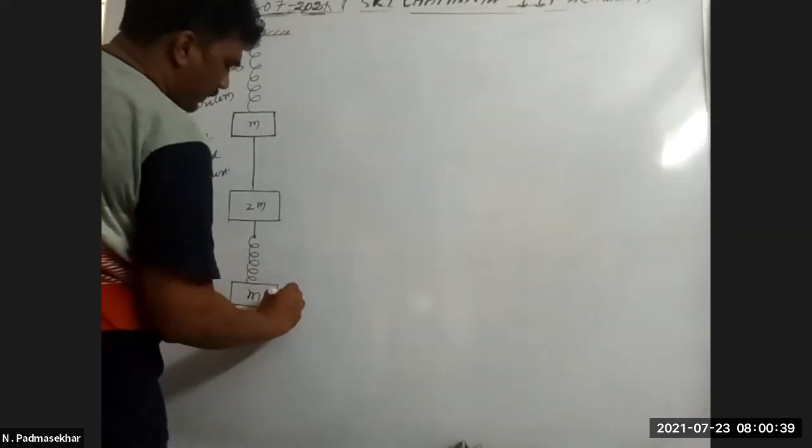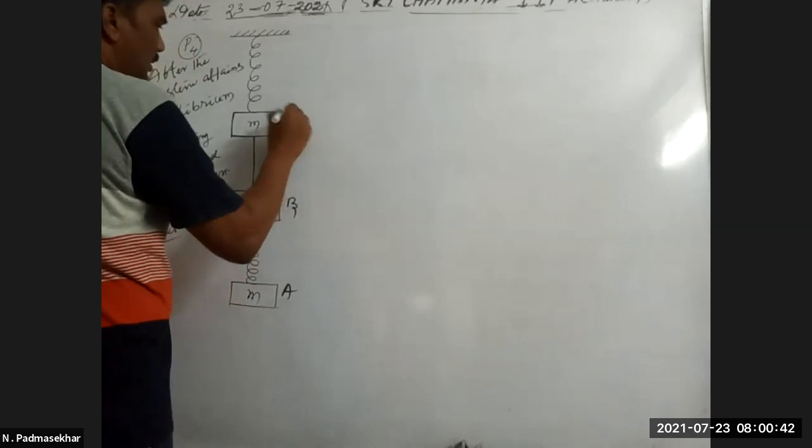So this block is A, this block is B, and this block is C.